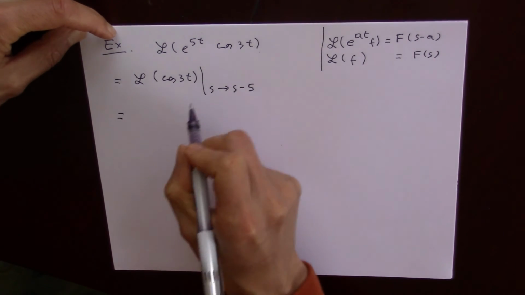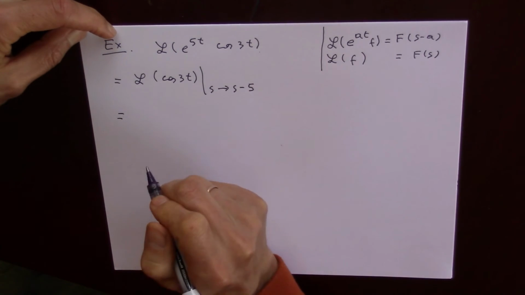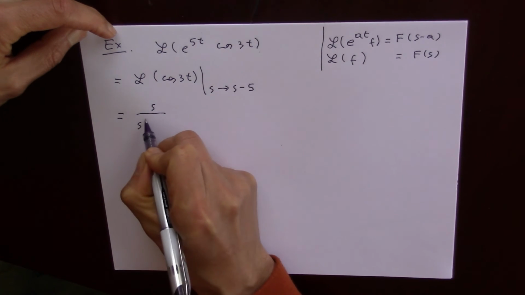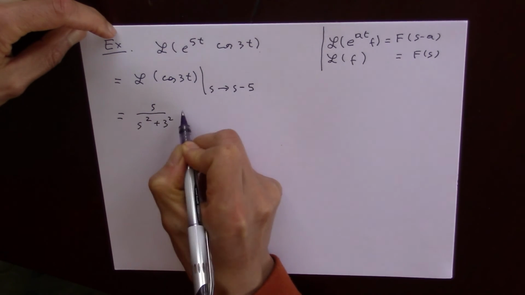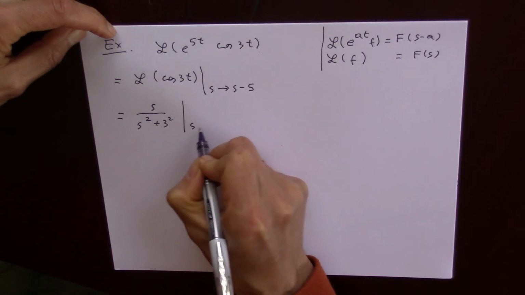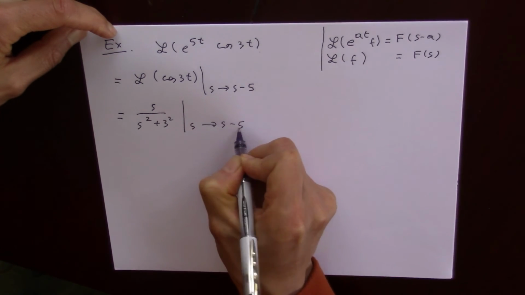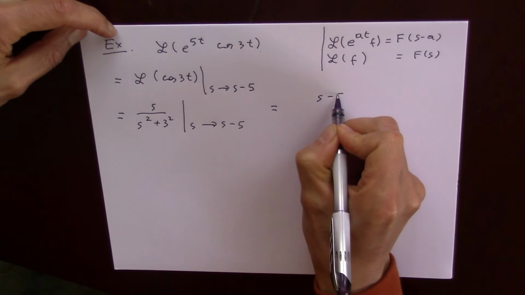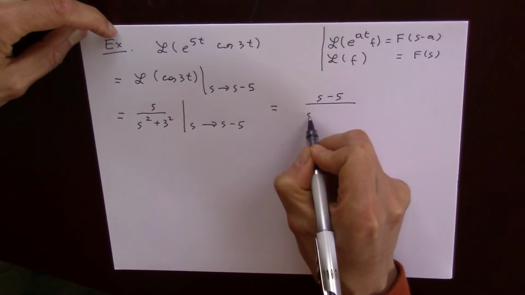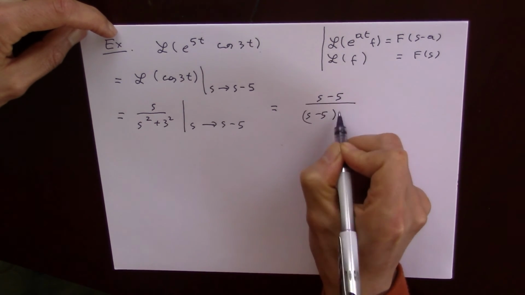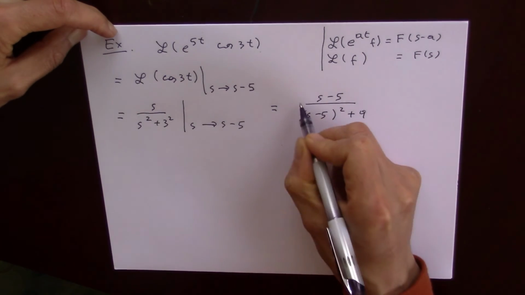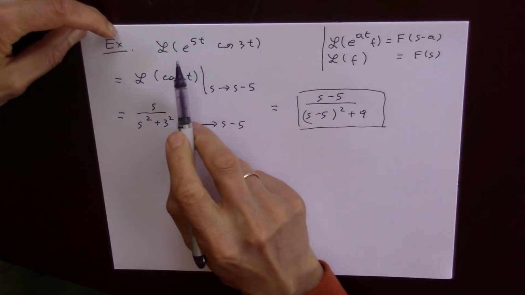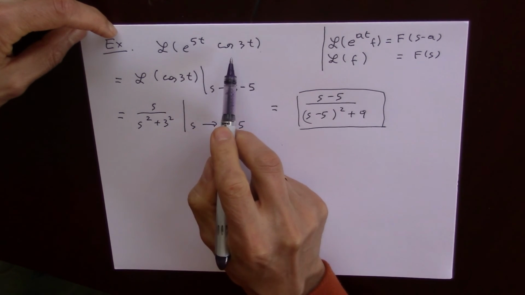Recall the Laplace transform of cosine of 3t is s over s squared plus 3 squared. We need to change s into s minus 5, so the final answer is s minus 5 over (s minus 5) squared plus 9. So that is the Laplace transform of e to the 5t cosine of 3t.